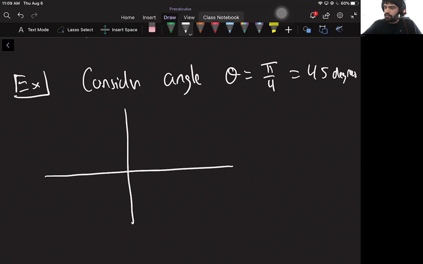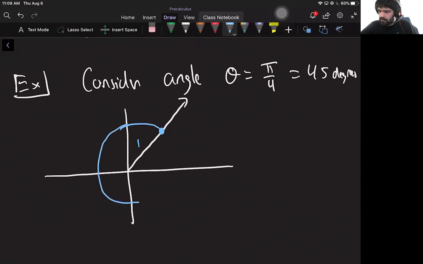So what we're going to do is draw this 45-degree angle here. But then we're going to cut it off at length 1. And that must mean that this dot here is on the unit circle because the radius is 1.